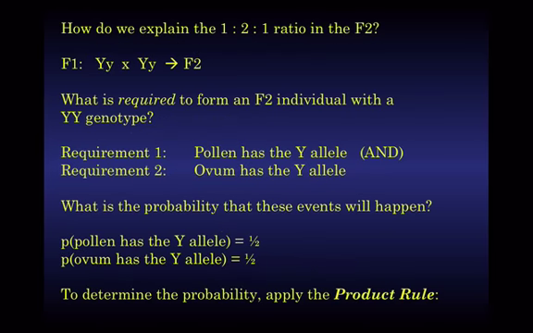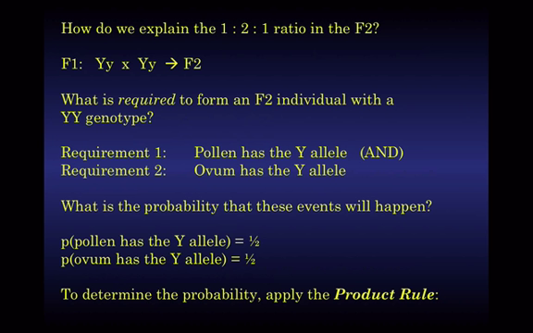Okay, let's work through how we explain the 1:2:1 ratio in the F2. So the F1 is just the cross between two heterozygotes. And we can ask the question, what is required to form an F2 individual with a big Y, big Y genotype? The first requirement is that we have to get a big Y from the pollen, and we also have to get a big Y allele from the ovum, the second requirement.